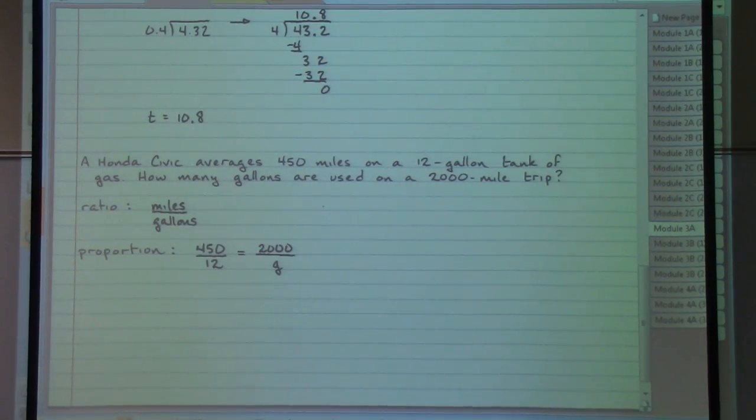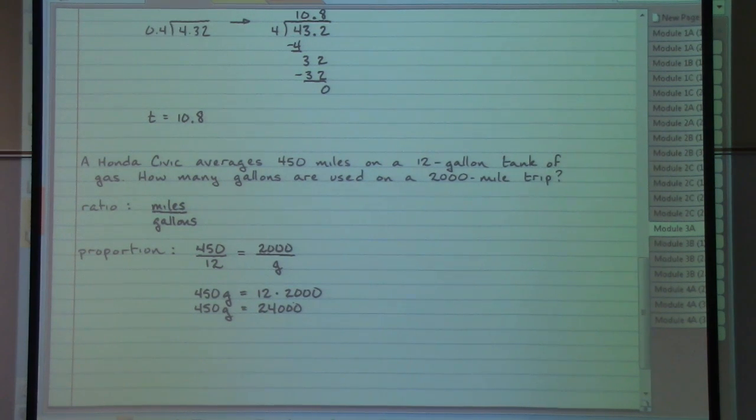So, cross multiplying means, again, the numerator of our first fraction times the denominator of our second fraction is equal to the denominator of our first fraction times the numerator of our second fraction. And we can work out the 12 times the 2,000 to give us 24,000.